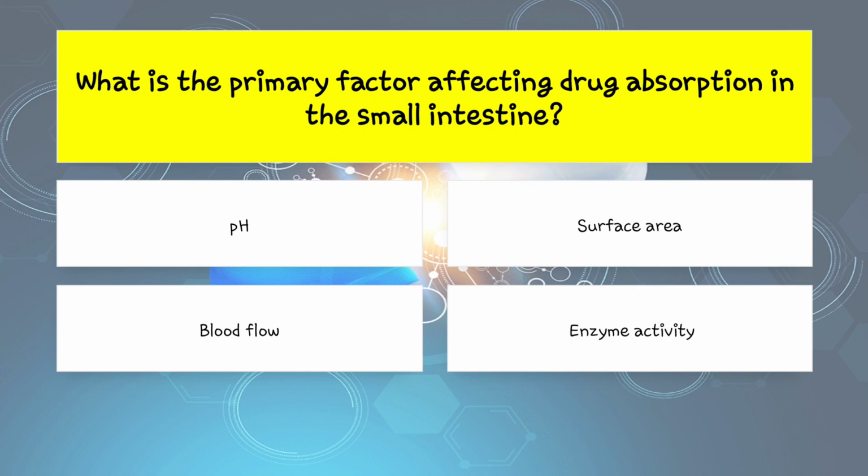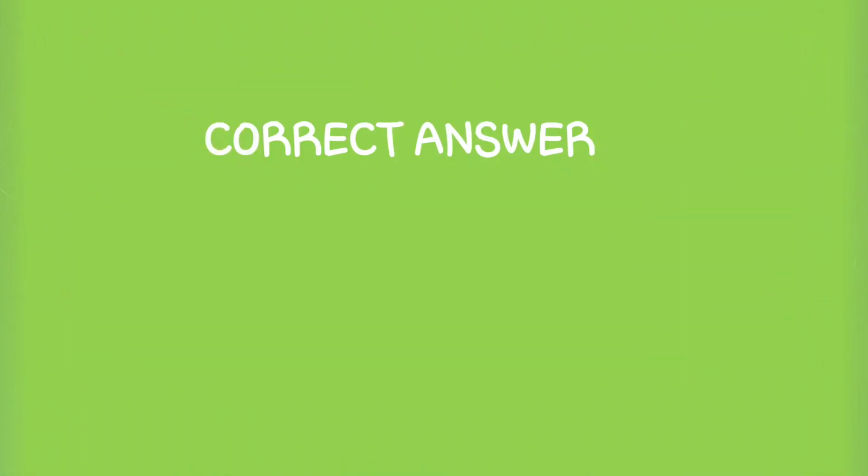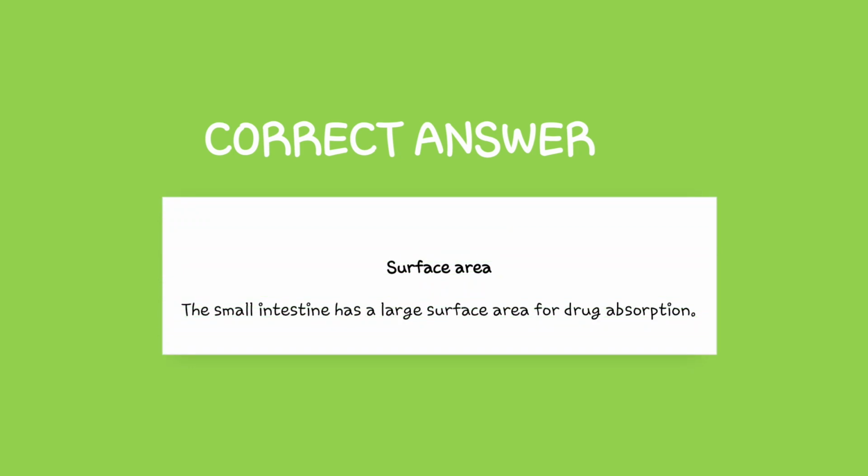Your time begins now. Please stop. The correct answer for this question is surface area. So small intestine has large surface area for drug absorption. Getting? And this is the factor which influences absorption.